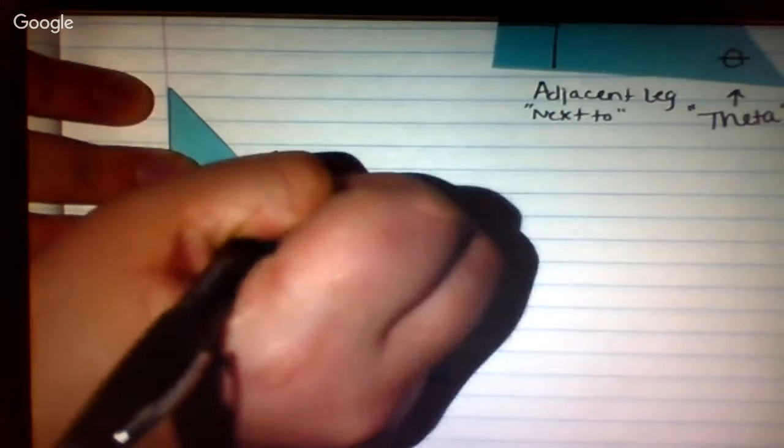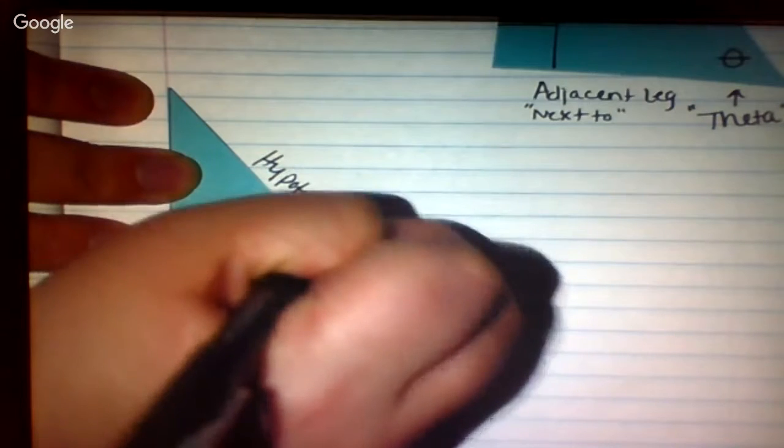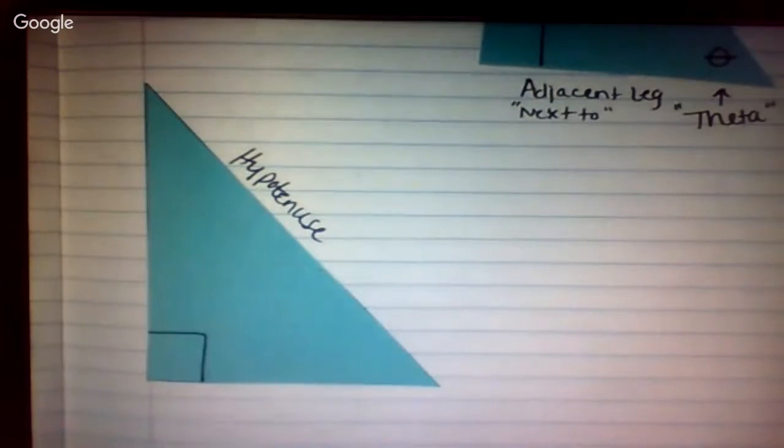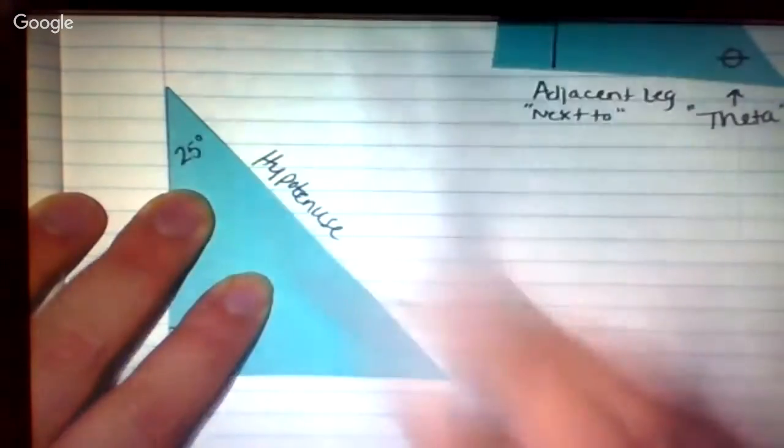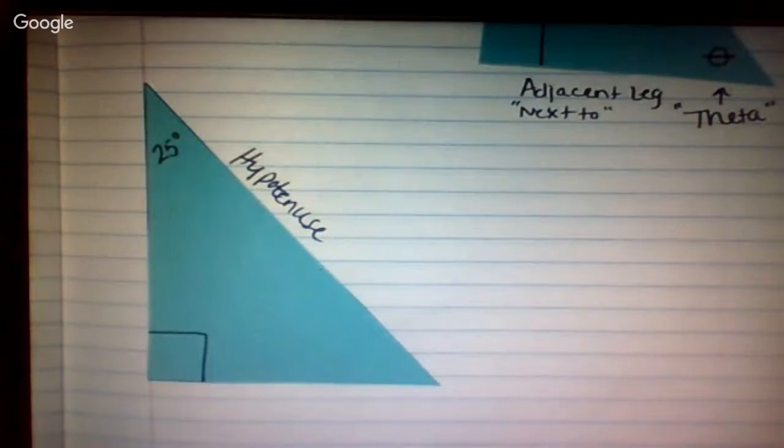So this is still my hypotenuse. But watch what I do. Now I'm going to make this my reference angle. So I've changed where your reference angle is. It's now at that top one.